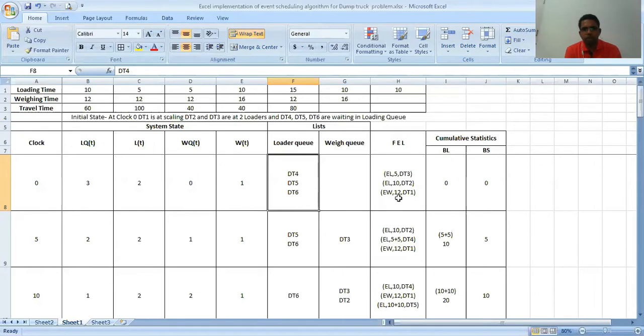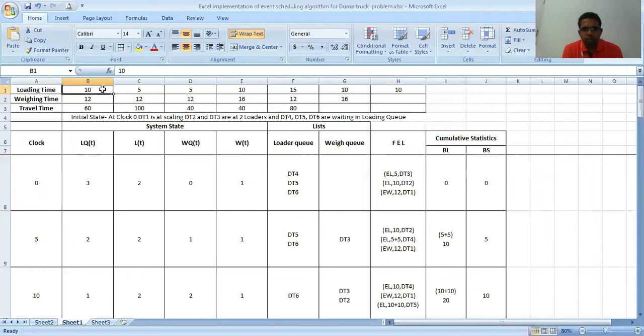And the future event list will have all the notices related to future events. We said that in this list we are going to have all the imminent events, and these imminent events are going to be in chronological order. EL, 5, dt3 represents that the loading of dt3 will end at 5.